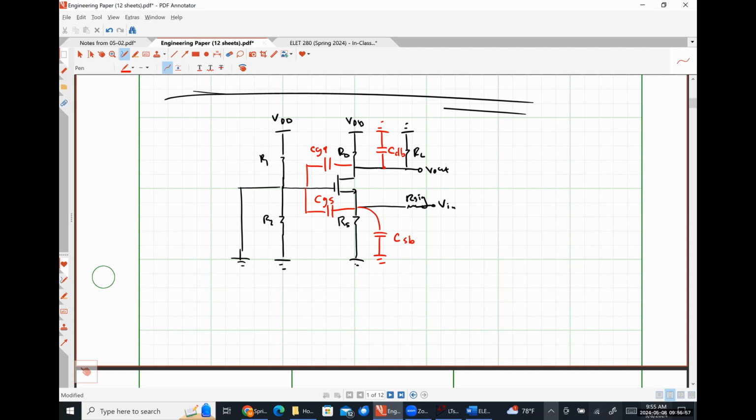So in this case, CSB isn't shorted on both sides.